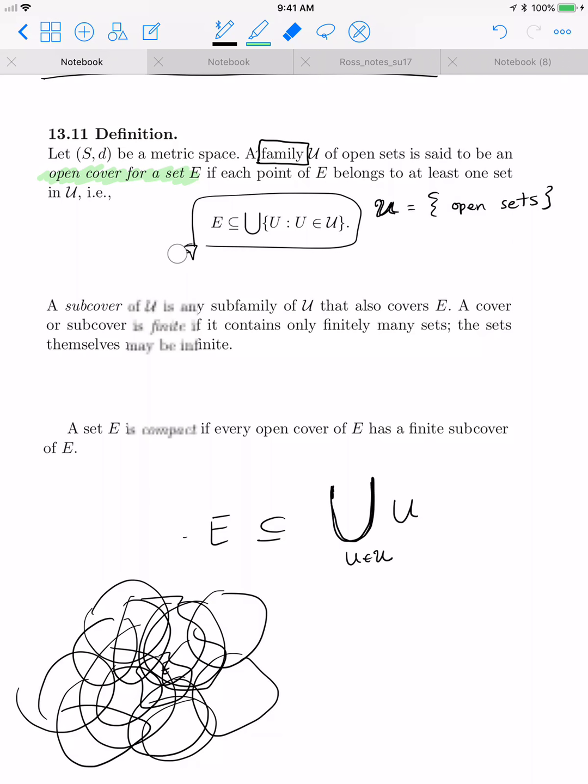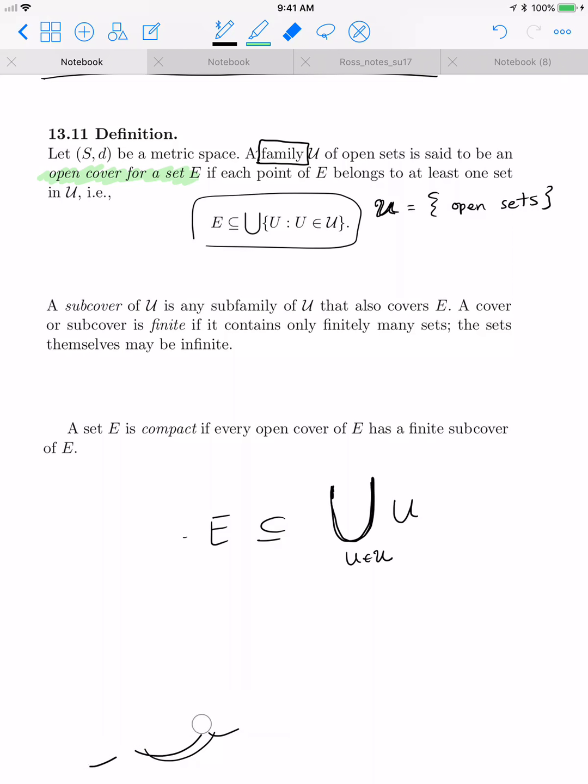Now, a subcover is a subset of a cover, right? So a cover or subcover is finite if it contains only finitely many sets. Okay, this is a key fact here, which is that the sets themselves may be infinite. So the question isn't are the elements of script U finite or infinite?